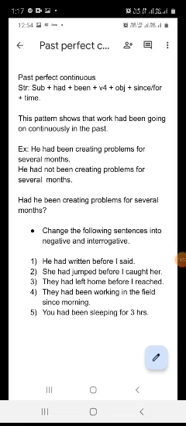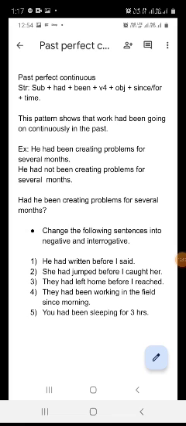What is the difference between both of these structures? Yes, you are quite right. There is only one difference: in present perfect continuous we used to have has or have, but here, in place of has or have, we have had. The remaining thing is the same.